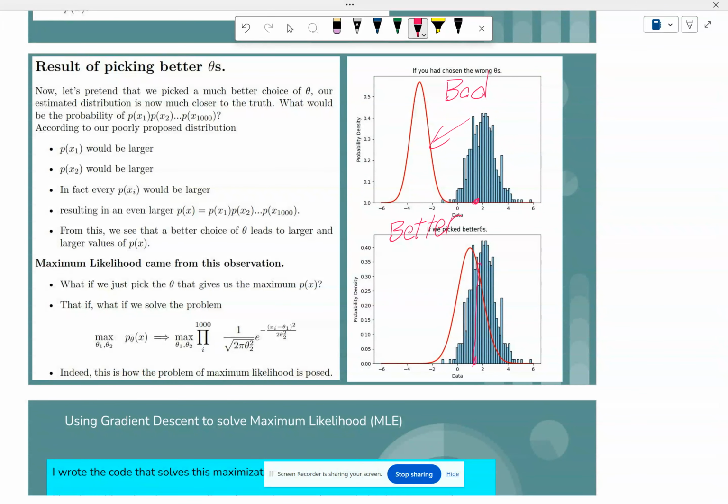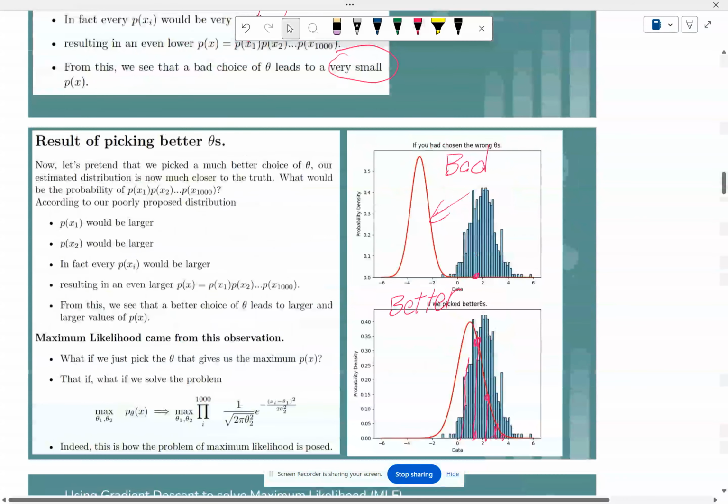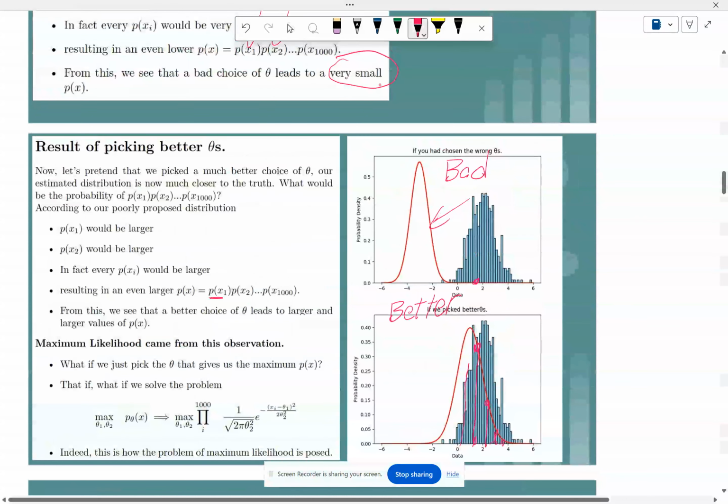But over here, it's actually a much, much larger number. This is also much larger. This is also much larger. These are all much larger, right? So you can see that now that we have a larger number and a larger number, the product of all the larger numbers multiplied together will give you a much, much larger number as well.